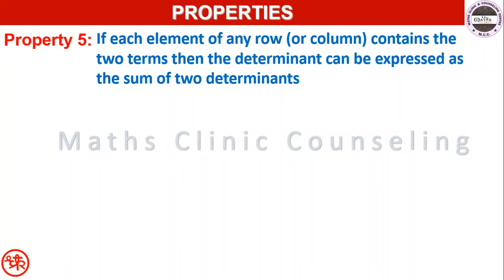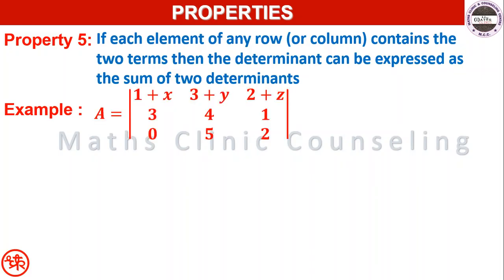For example, look at this determinant. Look at this first row. Is that clear? You will find that every element of this first row is the sum of two terms.